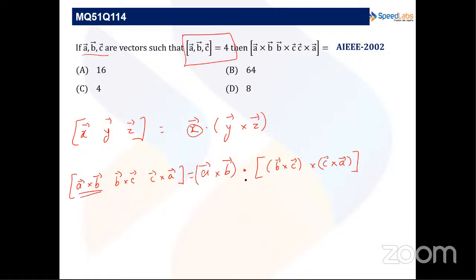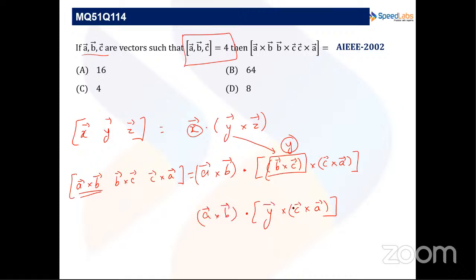Okay, now let's say this is some vector, compare it with y, so we are having here y cross c cross a, and a cross b outside.